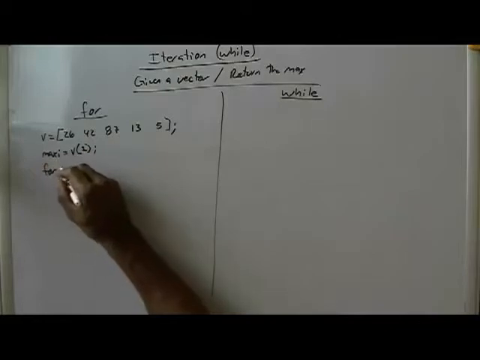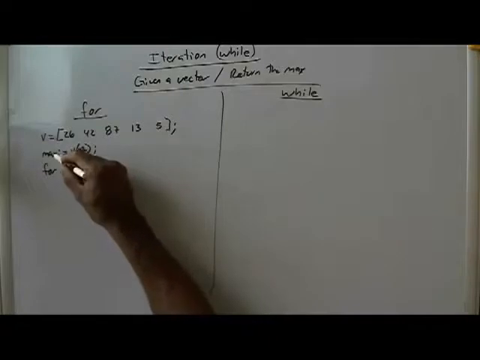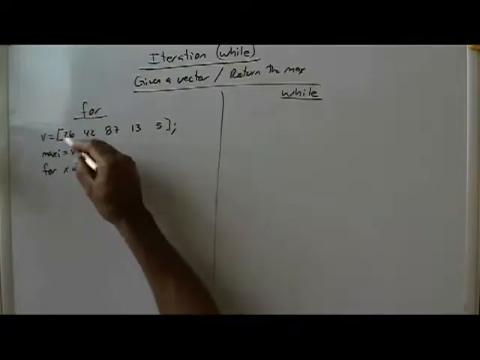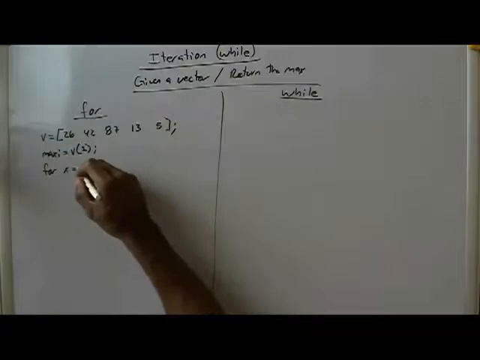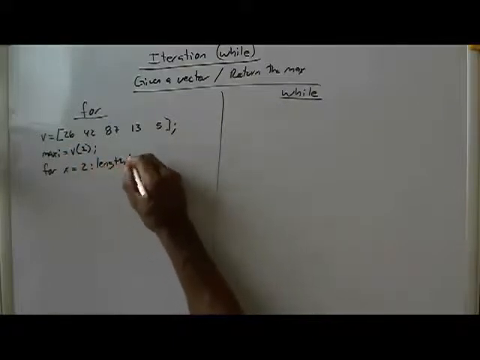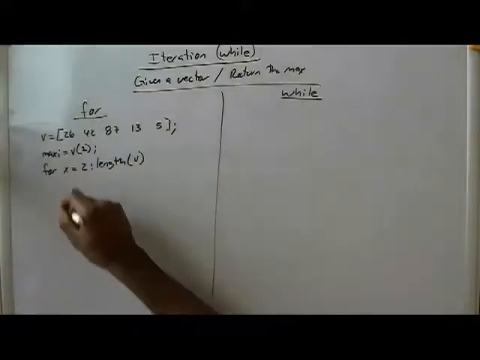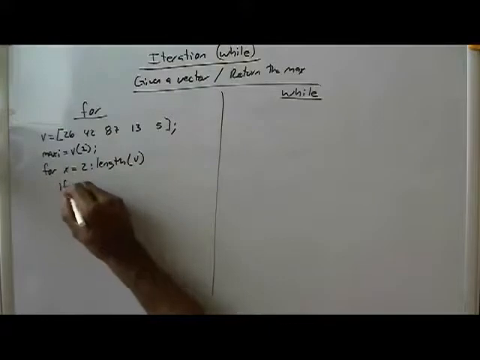And then the for loop comes along so we can iterate through. For x equals, we start this one off at 2 because we've already set maxi equal to v1. So we're going to start our indexing off at 2 through the length of v. And so we set up our indexing method for the for loop over here, and then we do our test.